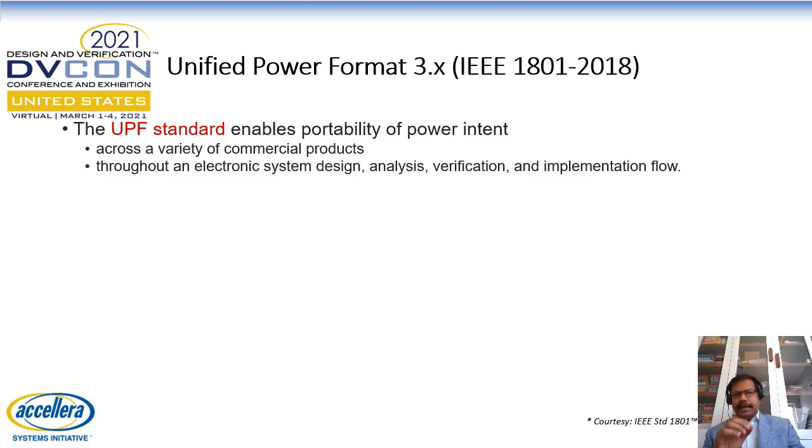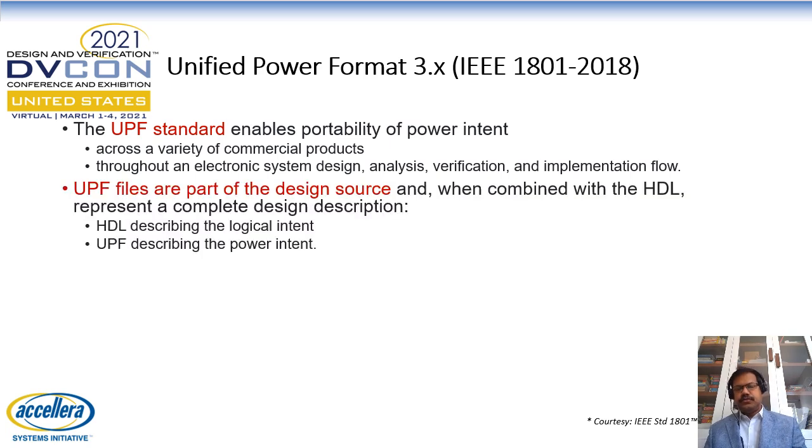One of the primary intents behind the UPF standard is to enable the portability of the power intent across a variety of products and throughout the entire flow of electronic system design, implementation, verification, etc. It's important to see that the UPF files are also a part of the design source as much as the RTL. It provides a complete design description, where the RTL indicates the logical intent and the UPF indicates the power intent.